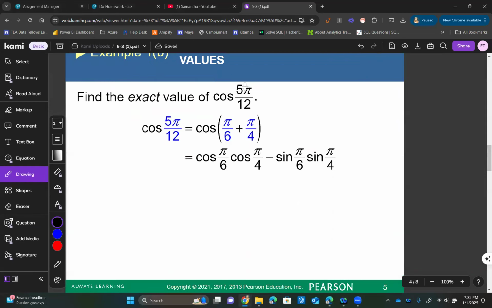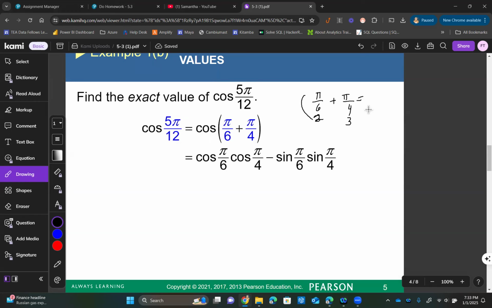So what if the angle is in radians, for example, like 5 pi over 12? When we need to find the cosine of 5 pi over 12, we can think that 5 pi over 12 is the sum of pi over 6 and pi over 4. When you put them in a common denominator, which is 12, you multiply pi over 6 by 2 and pi over 4 by 3.